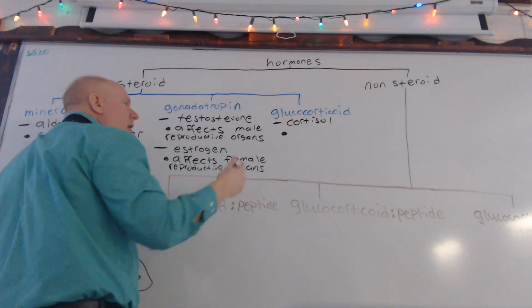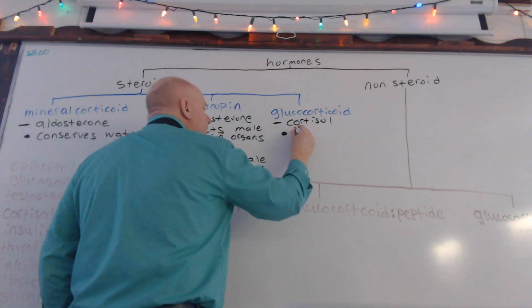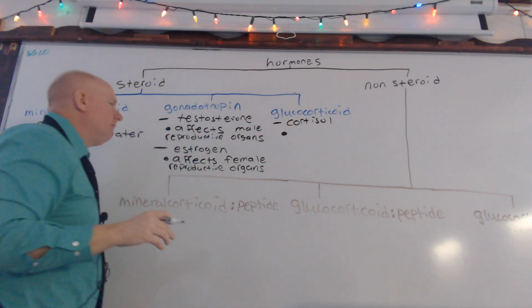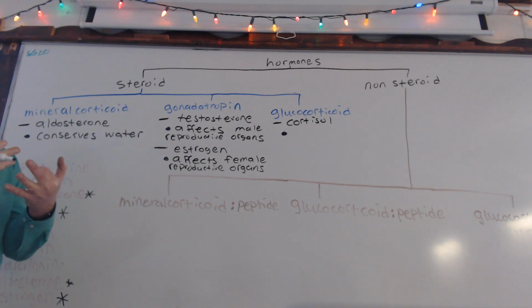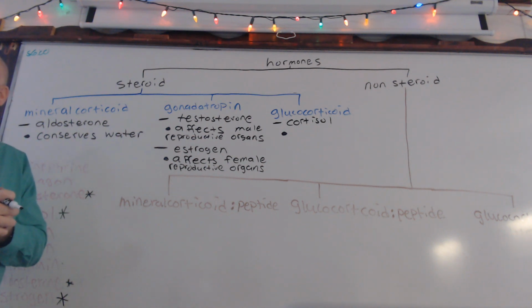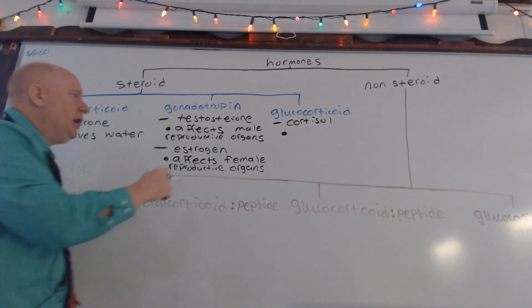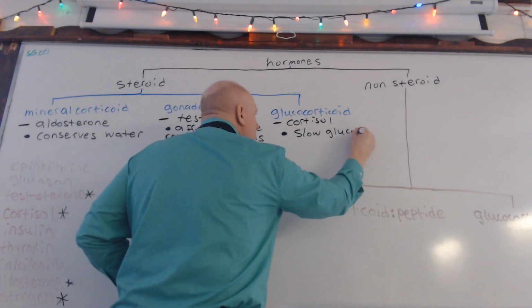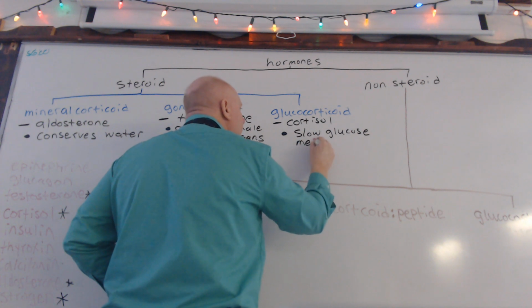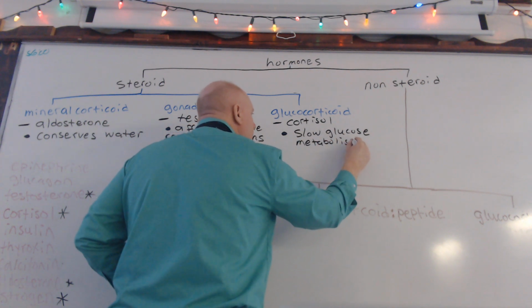So then we'll just say you want it slows glucose metabolism or just affects glucose metabolism, because they kind of do go hand in hand. It just depends on how much is actually being secreted. What makes most sense to you? Okay, so it can slow glucose metabolism. Okay.